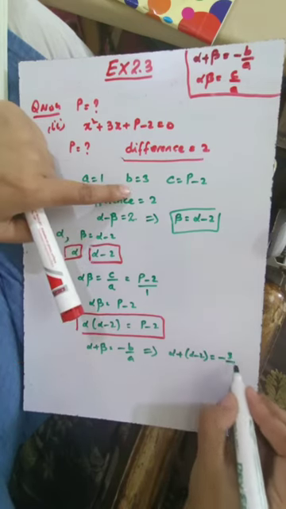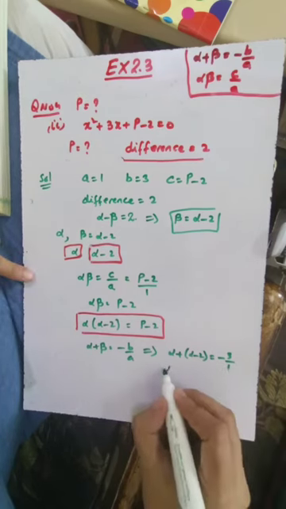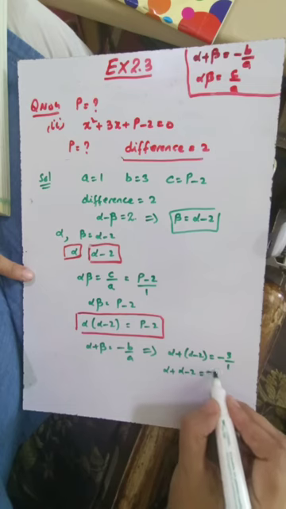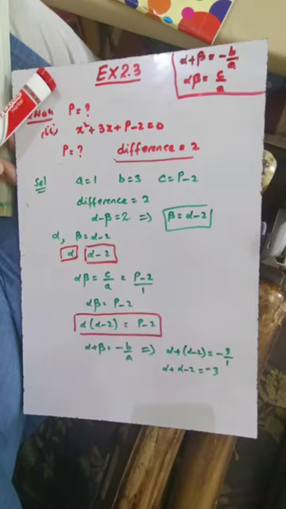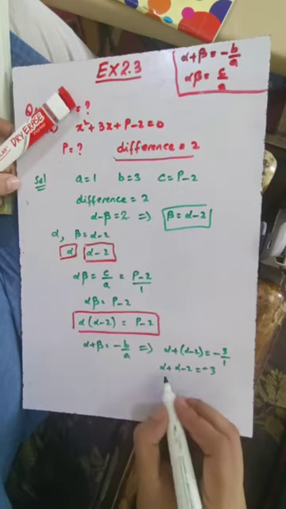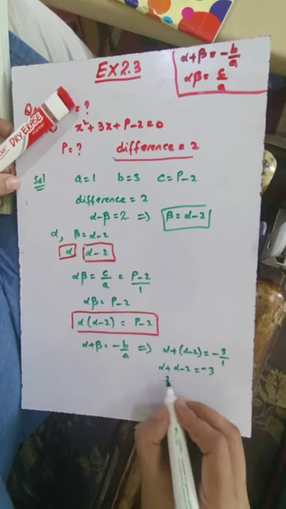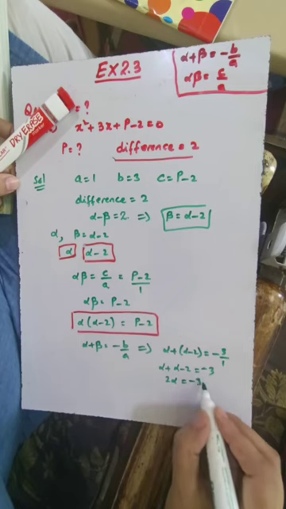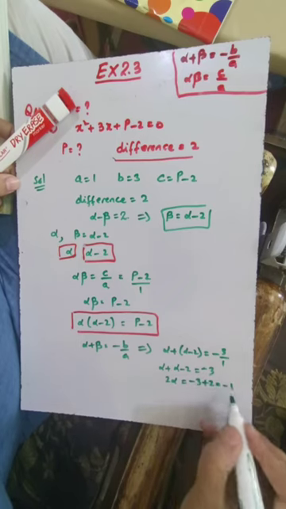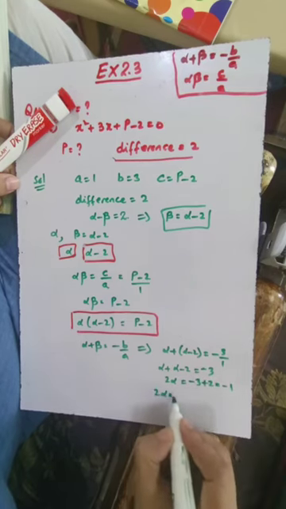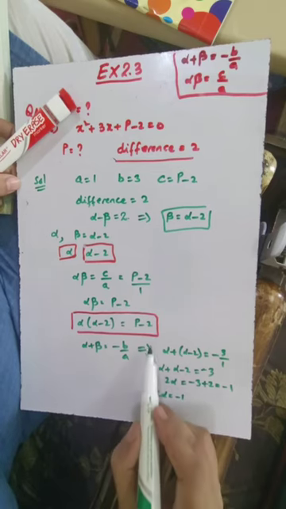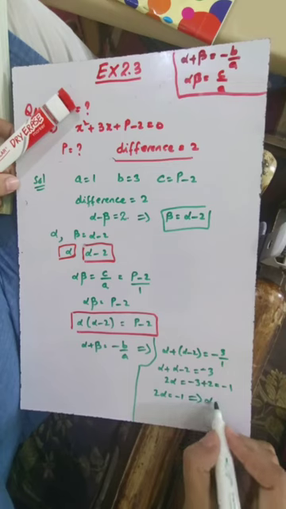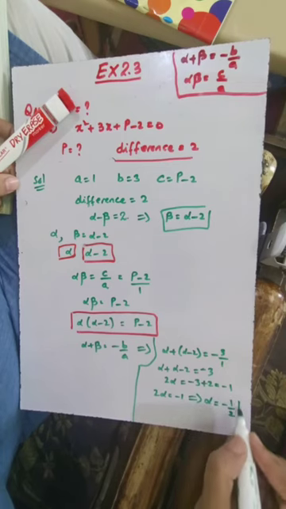B is 3 over 1. So alpha plus alpha minus 2 is equal to negative 3. Now alpha plus alpha will be twice alpha, and shifting 2 to the right hand side, negative 3 plus 2 will be negative 1. So over here we have 2 alpha is equal to negative 1. This implies that alpha is equal to negative 1 by 2.